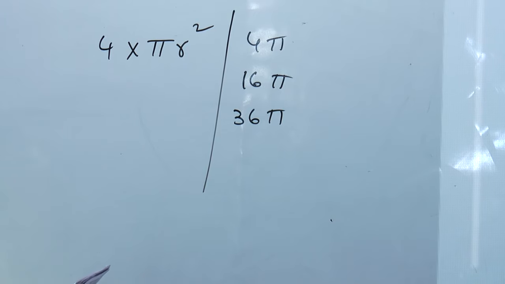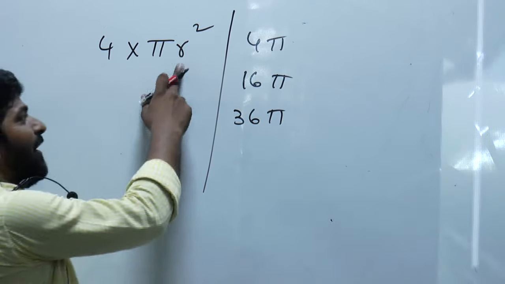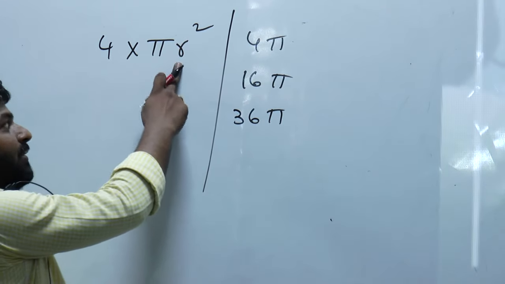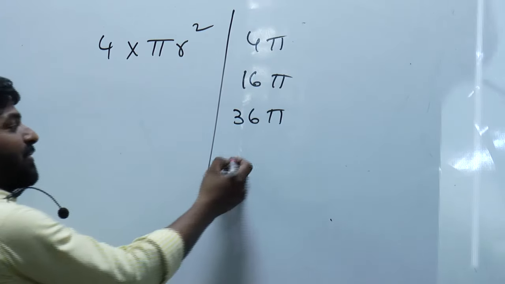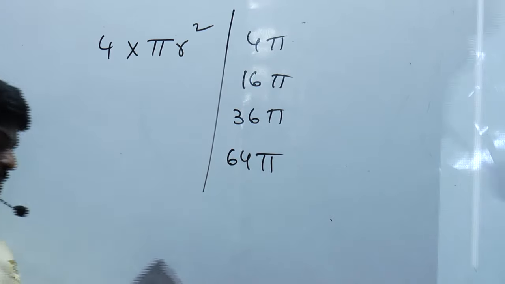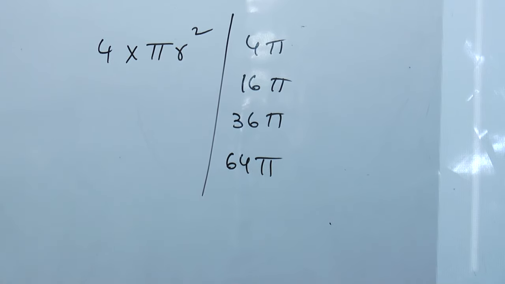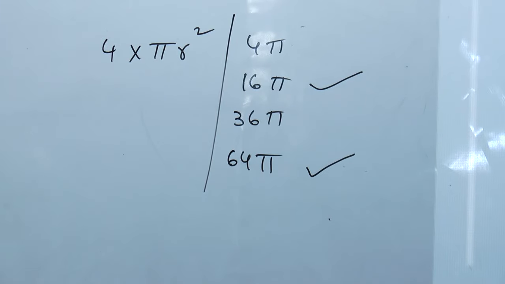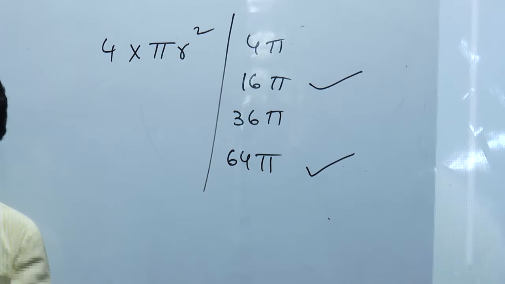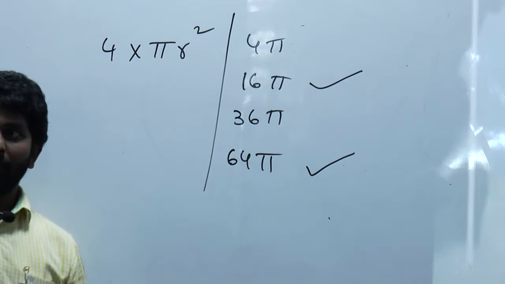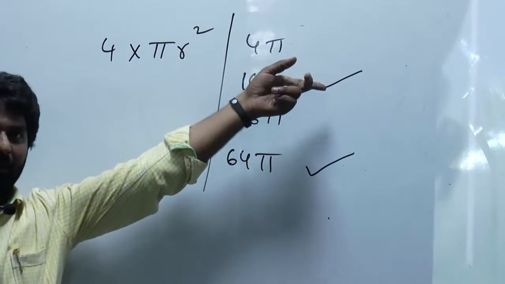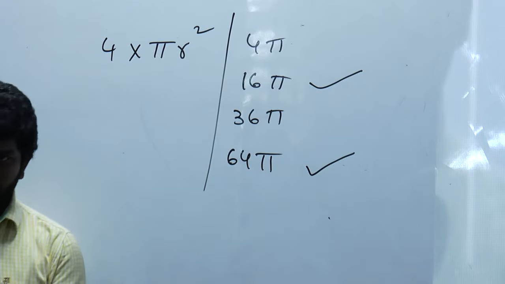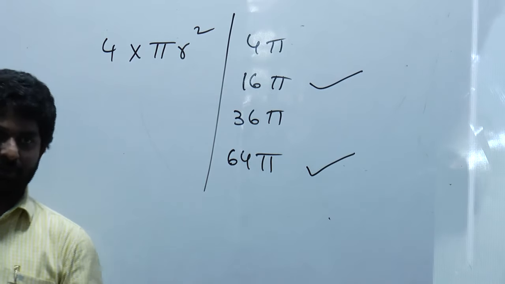You will definitely get the answer. If the radius is 4, 4 square is 16, 16 fours, 64 pi. Out of this, you have 16 pi and 64 pi in the options. In place of 64, if you have any other number, you need not solve this question, you can go for 16. Or else, in case of 16, if you have any other number, like 15 or 14, 64 will be your answer. So you have 2 possibilities. You have to solve it.